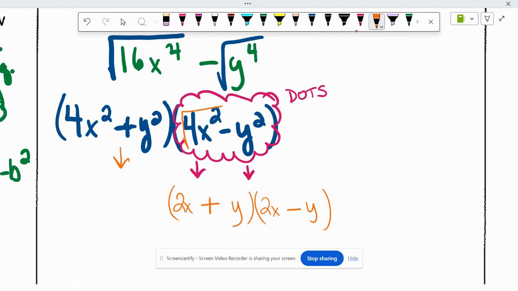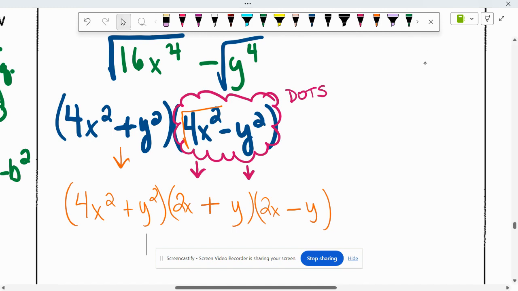And this just comes straight down because this cannot be factored anymore. Why can this not be factored anymore, Amalia? You've already answered this once for me today. Why can't we factor that anymore? Because it's the sum of two squares. Good job. Because it's the sum of two squares.